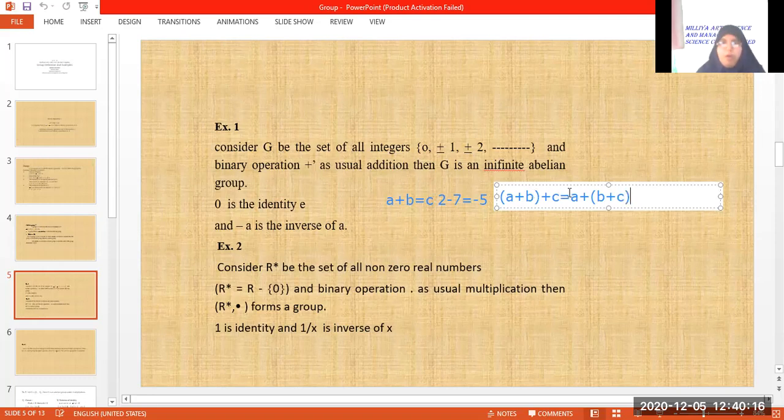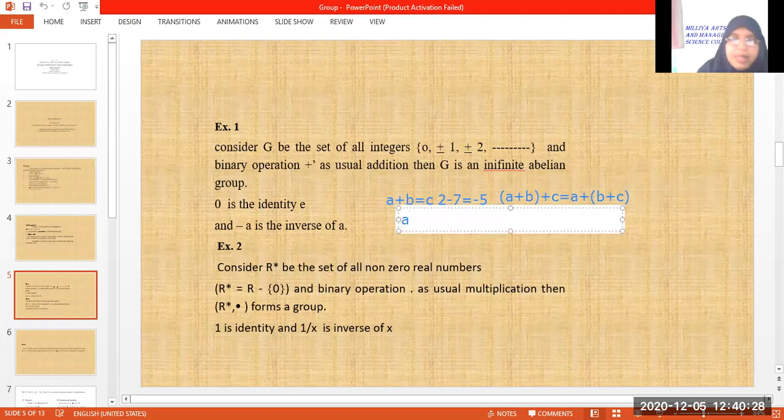This associative property is satisfied in the set of integers, and 0 is the identity element for the operation addition. That is A plus 0 is equal to 0 plus A is equal to A, for any integer A.